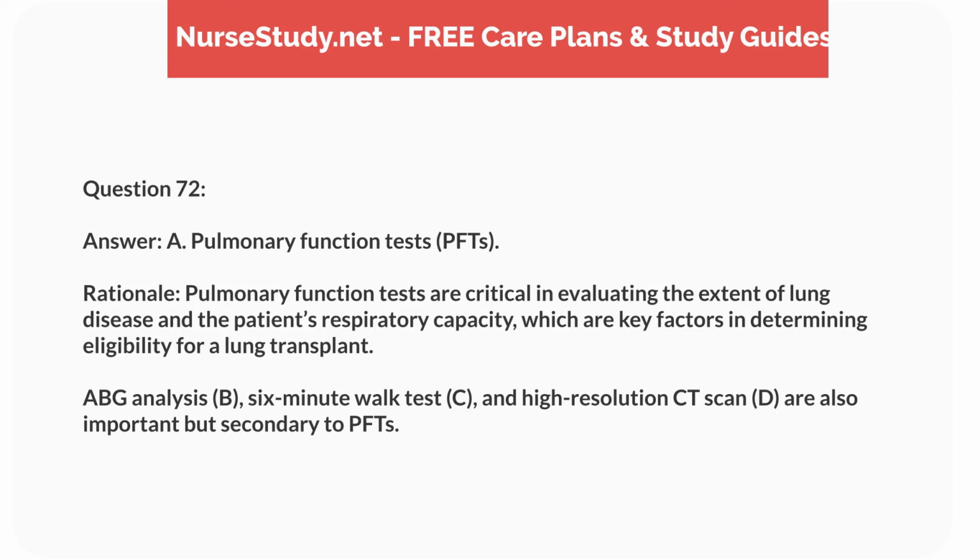Answer: A. Pulmonary function tests, PFTs. Rationale: pulmonary function tests are critical in evaluating the extent of lung disease and the patient's respiratory capacity, which are key factors in determining eligibility for a lung transplant. ABG analysis, B, 6-minute walk test, C, and high-resolution CT scan, D, are also important but secondary to PFTs.